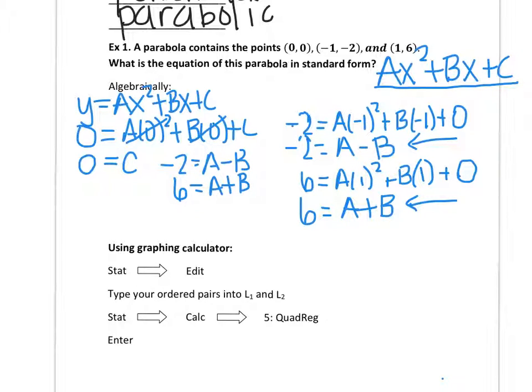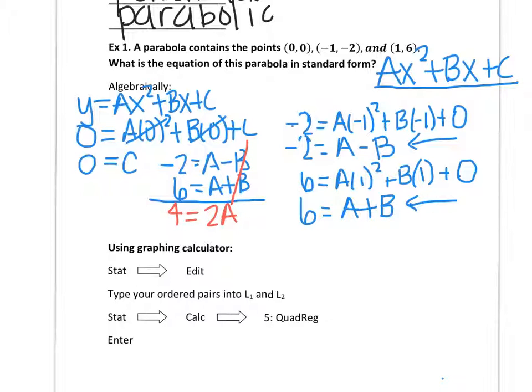Now remember, what you can do is you can either use substitution or you can use elimination. I'm going to do elimination because I noticed that one of my b's is negative and one of my b's is positive, so I can just add down and they'll cancel right out. So that's what I'm going to do. I'm going to cancel those out. This gives me 2a equals 4.